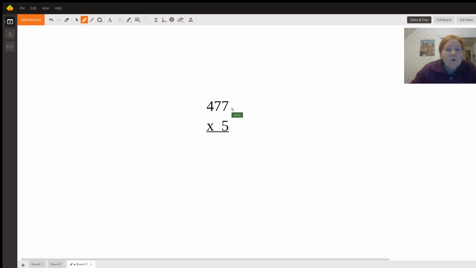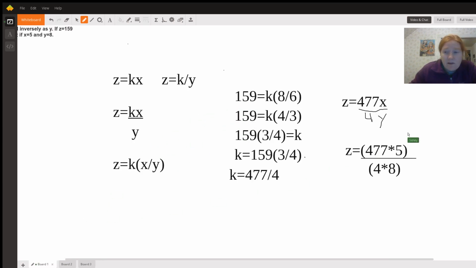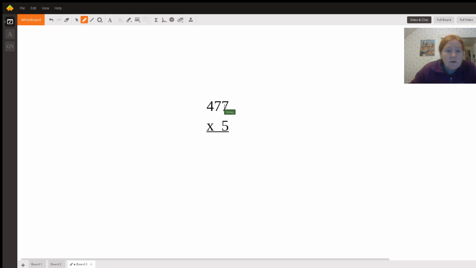Now, you'll have to take some time, like I did. Actually, I set up board 3 for you, because we need 477 times 5. 7 times 5 is 35. 7 times 5 again is 35 plus 3, so we get 38. And 4 times 5 is 20 plus 3, so we get 23. 2,385.